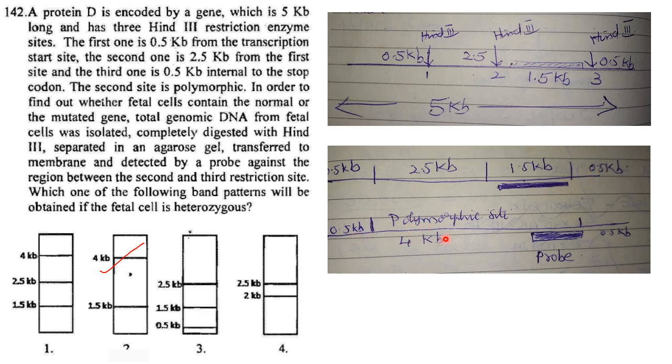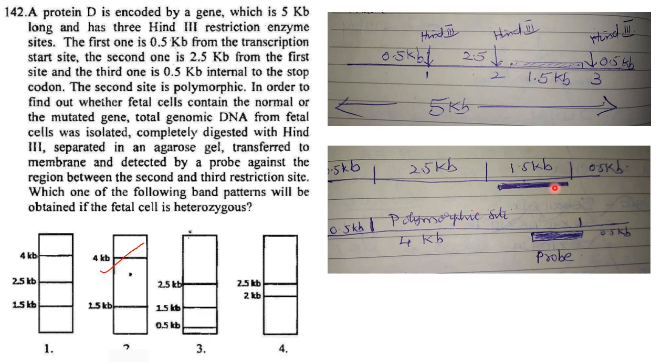So this allele, it will contain the site which is defective or polymorphic, this site. This is the polymorphic site, it will be defective because in that site the Hin3 restriction site is mutated. So it will be polymorphic and it will not get cleaved upon treatment with Hin3 enzyme.